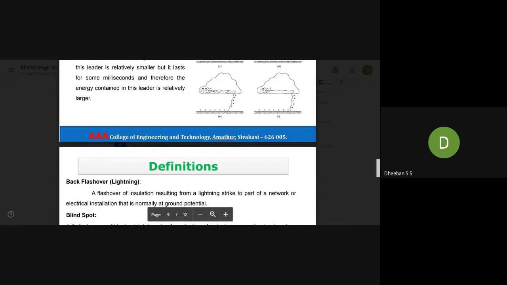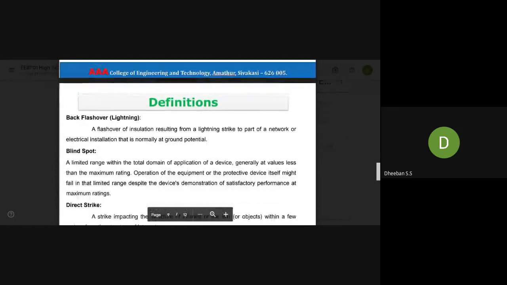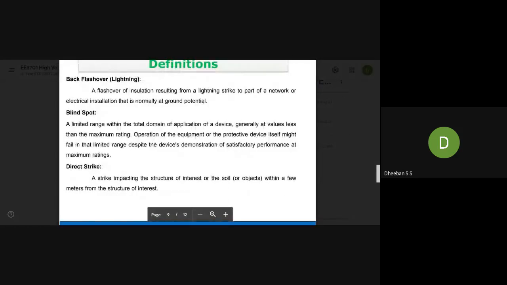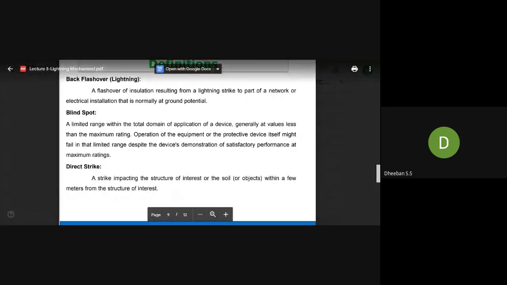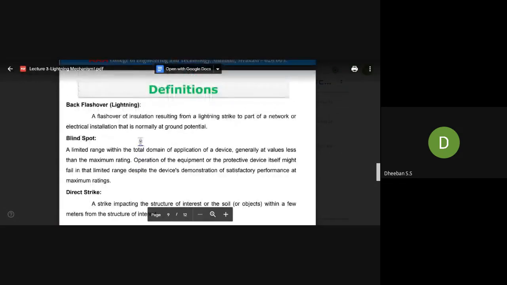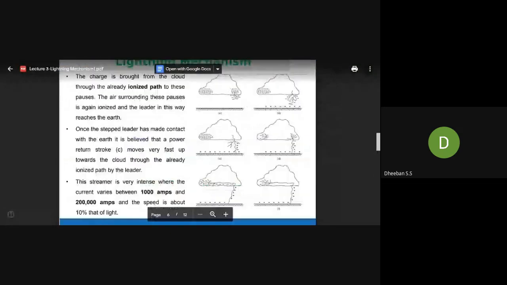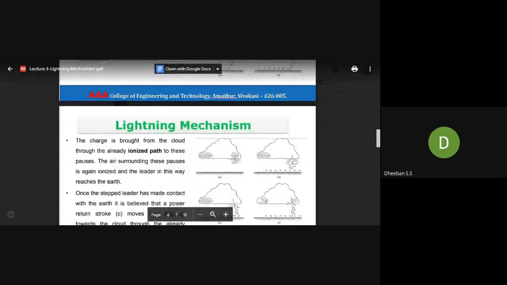Next are some of the basic definitions that you have to know. First is the back flashover. Regarding the lightning mechanism, this is what you have to write. The main part is that you have to draw these six diagrams.